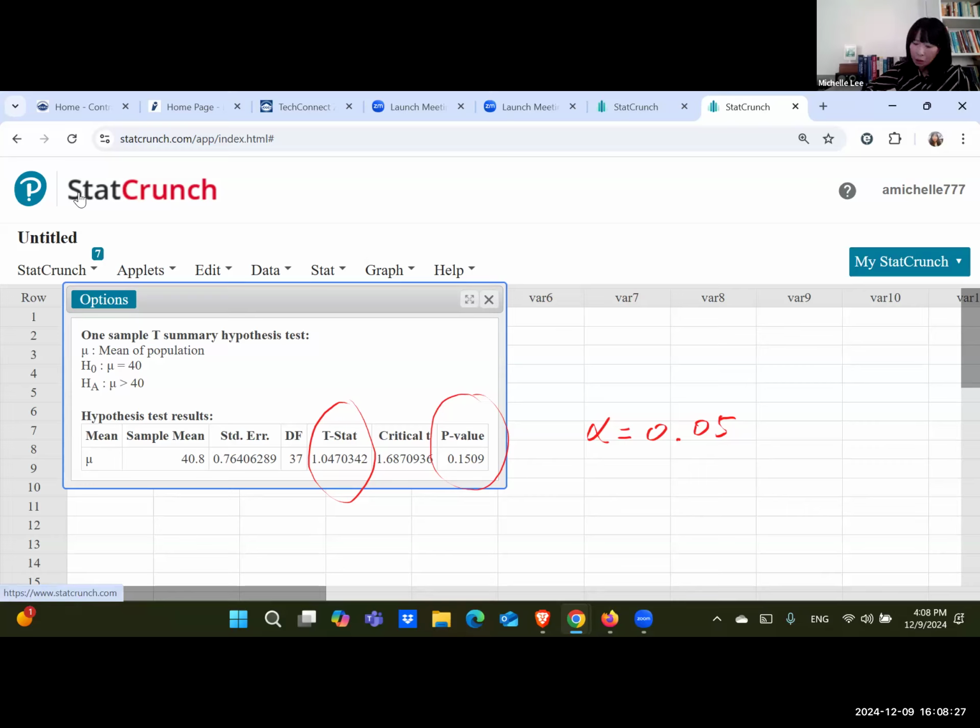It's greater than. Good job. Thank you. That means we fail to reject the null hypothesis. Why? Because there is not strong evidence to support the claim, the alternative hypothesis.